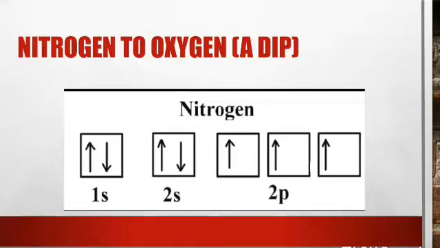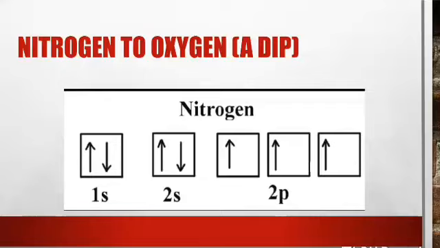Next is nitrogen to oxygen, a dip. Look here at the orbitals: 1s, 2 electrons in 2s, and in the 2p orbitals, 2px, 2py and 2pz contain 1 electron each.